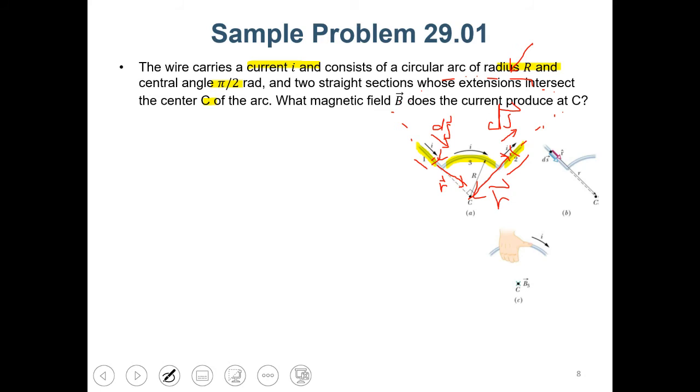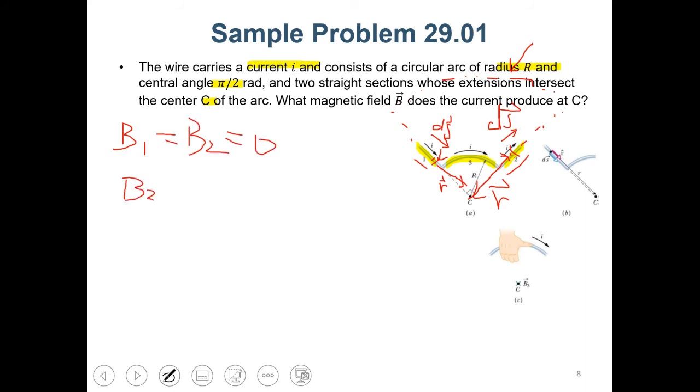Sine 180 degrees is still 0. So the B fields generated by part 1 and part 2 are 0. So there is only part 3 remaining. So B1 equals B2 equals 0.